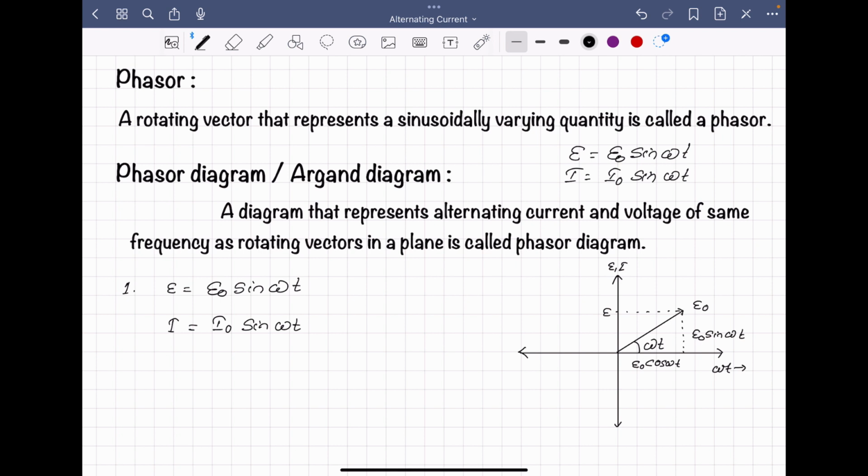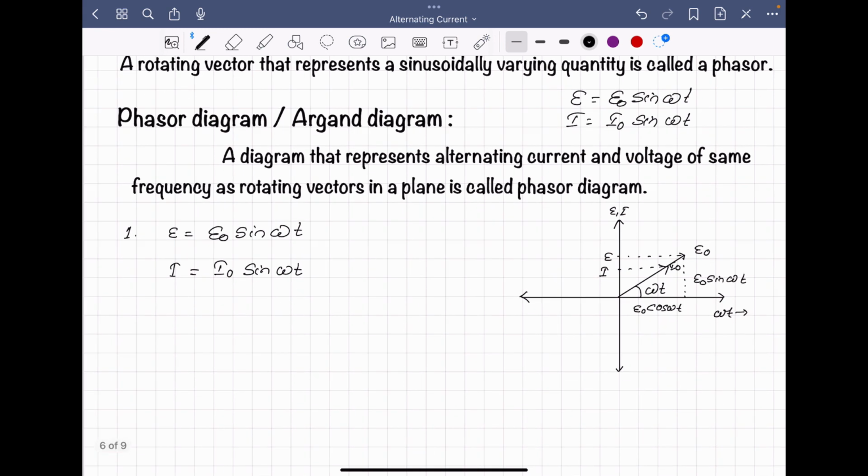As the angle is the same, I can also be drawn on this, just below E naught. This is our I. E and I are both along the same line, as there is no phase difference between them. In EMF we have sin omega t, so the phase is omega t, and in I we have sin omega t also.